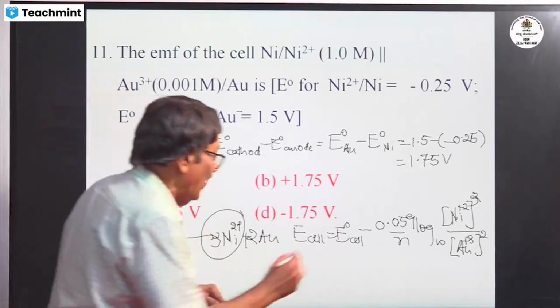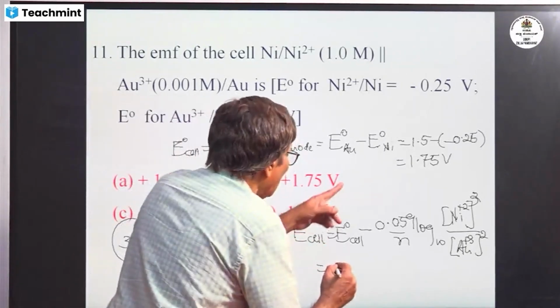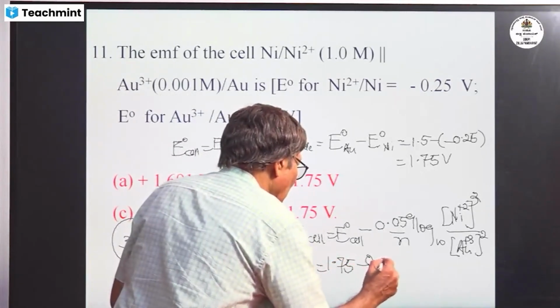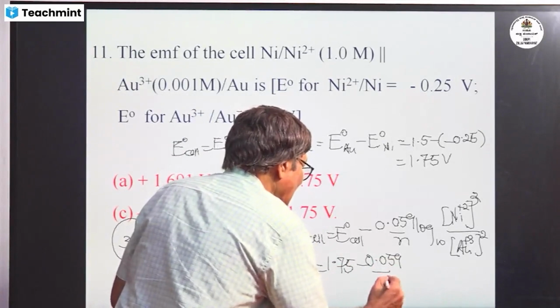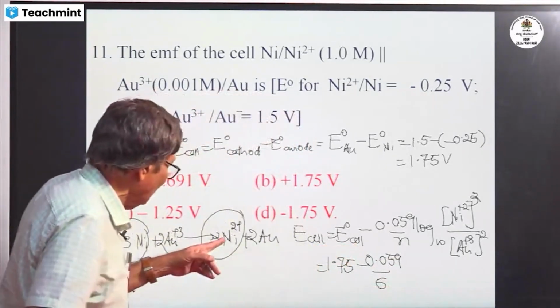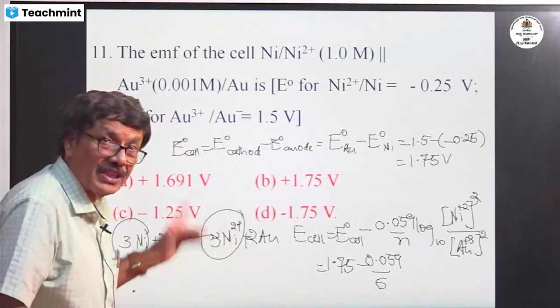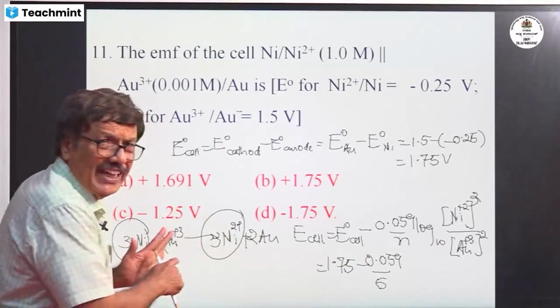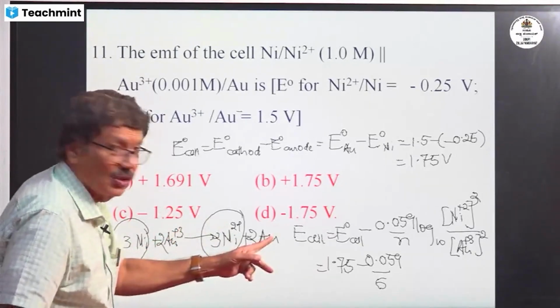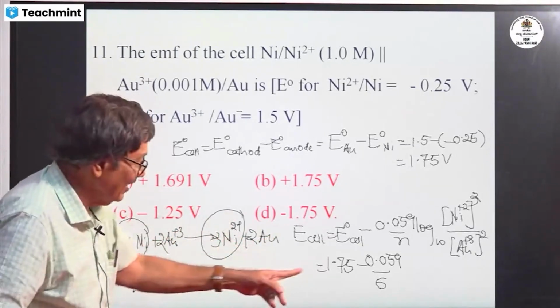The value of n is 6. E naught we have already calculated, 1.75 minus 0.059 by 6. You understood how it is 6? You find it for the total number of ions involved. Even if you take gold, same thing: 3 into 2, 6. Here it is 0. The difference is 6. That is how you find the value of n.